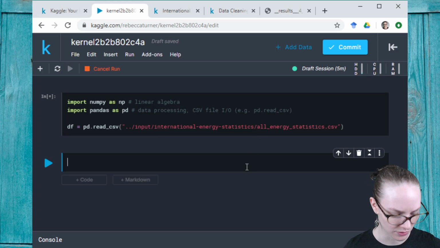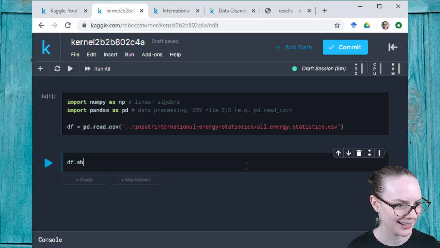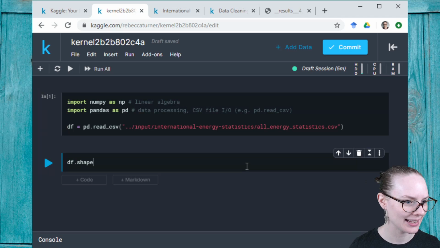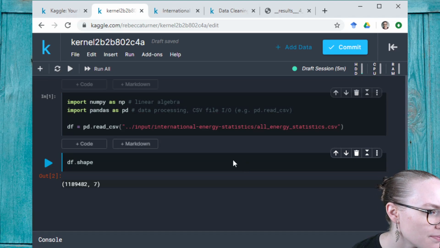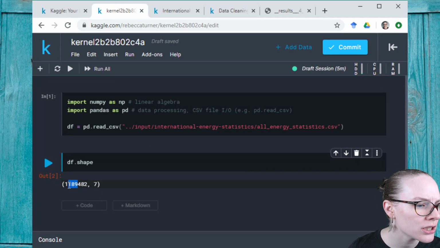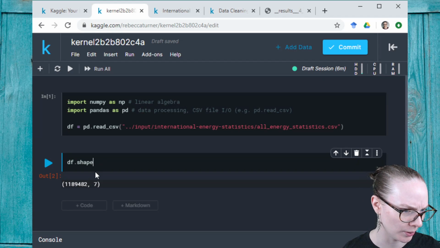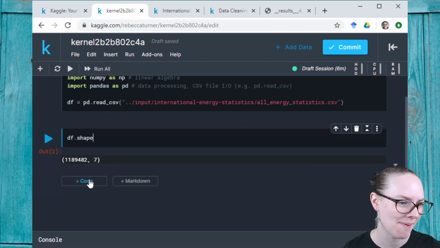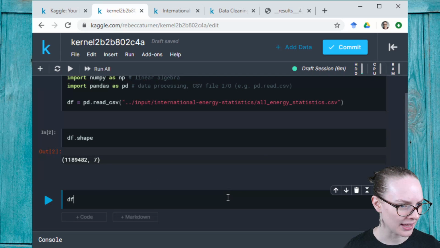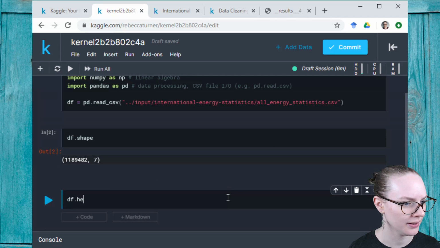This will take a second to read, and then we can see the size. All right, so it's a little smaller than I thought. It's about 1.1 million rows, which is still not inconsiderable. So let's take a look at the head first real quickly.